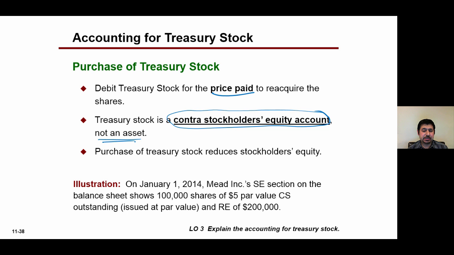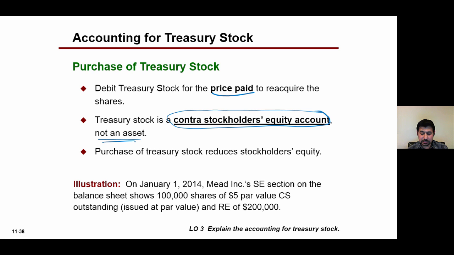And when the company buys treasury stock, it will decrease the stockholders' equity. Why? Because now there are fewer stocks owned by shareholders out there. So let's see how this works out.